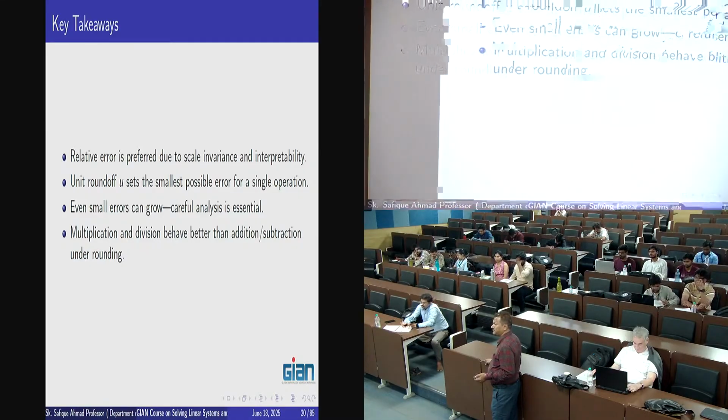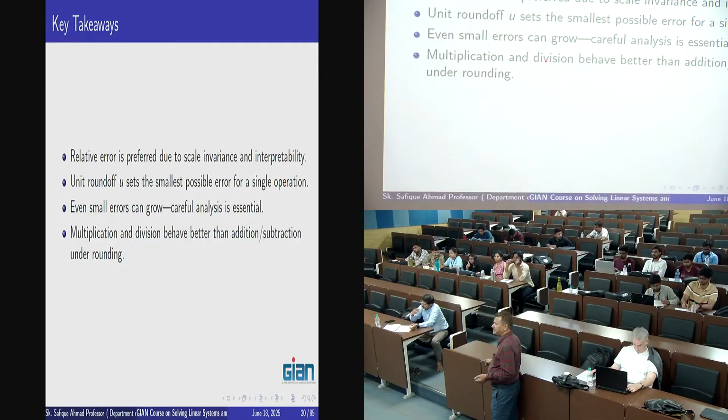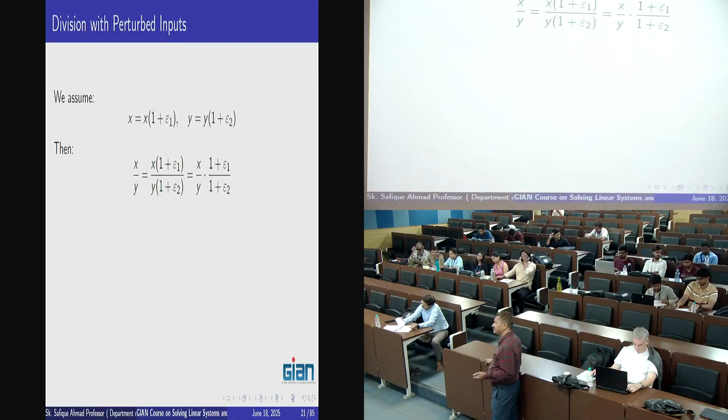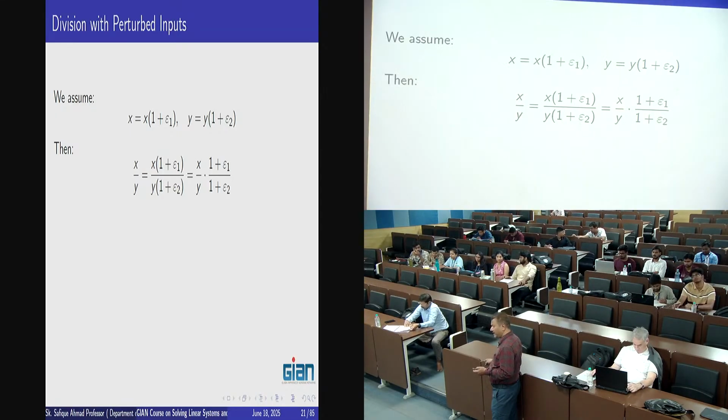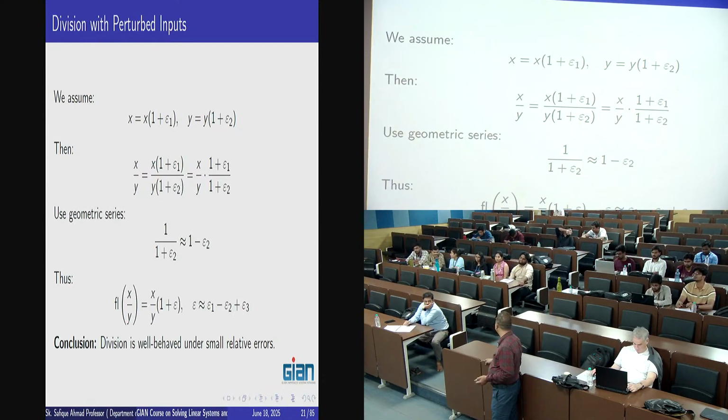Careful unit round analysis is essential. Multiplication and division behave similarly. If you divide x by y, finally you will get 1 plus epsilon, because of 1 plus epsilon 1 over 1 plus epsilon 2. Clear?